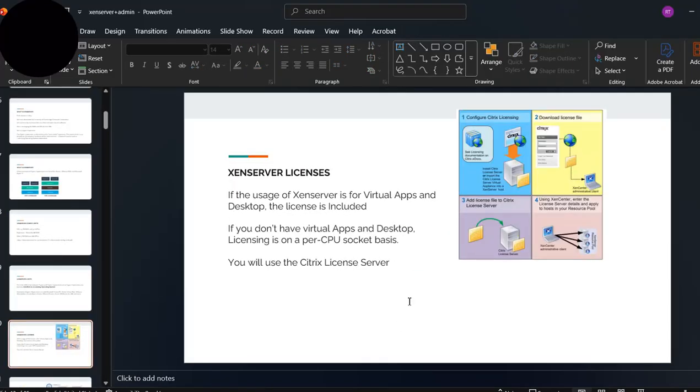Okay, so the XenServer license. Nowadays XenServer uses a license server, and Citrix uses its own license server. If you use XenServer for Virtual Apps and Desktops, the license is included. If you don't have Virtual Apps and Desktops licensing on a per CPU socket basis, you will use the Citrix license server.